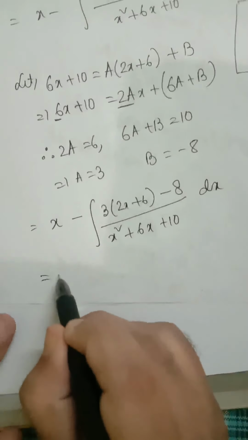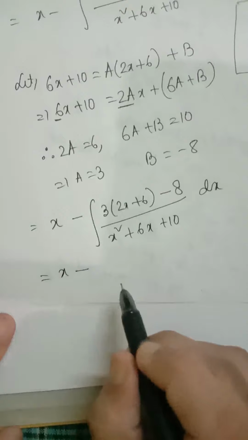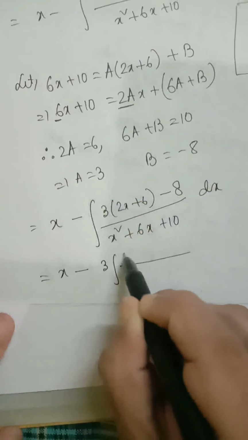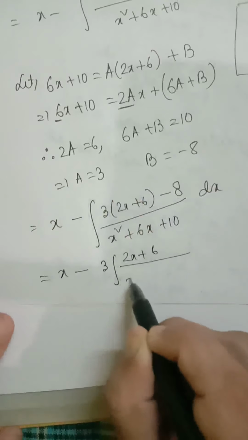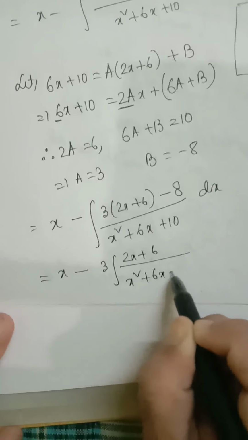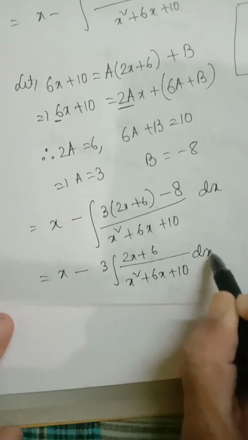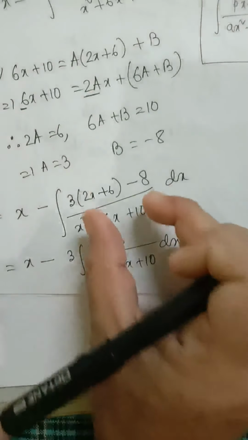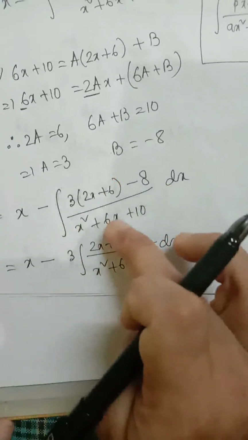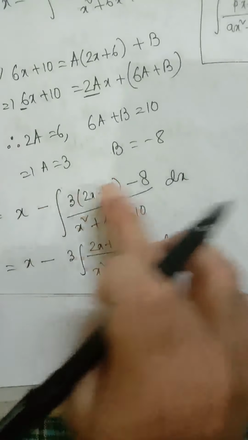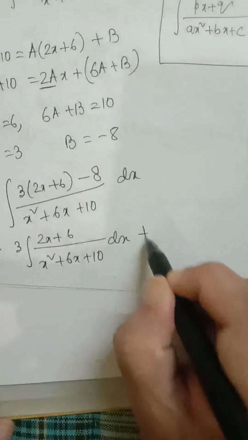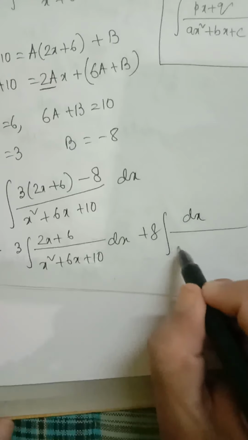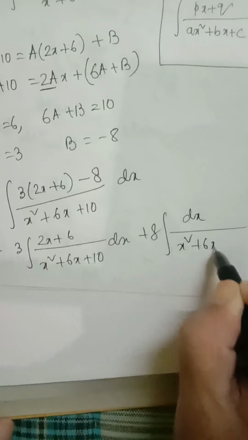Next step will be x minus this by this, so 3 into (2x plus 6) by (x square plus 6x plus 10) dx, minus and minus plus 8. Actually we will separate this into two parts, this by this minus 8 by this, so minus minus plus 8, it will be 8 into dx by (x square plus 6x plus 10).